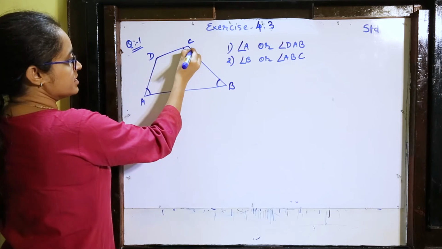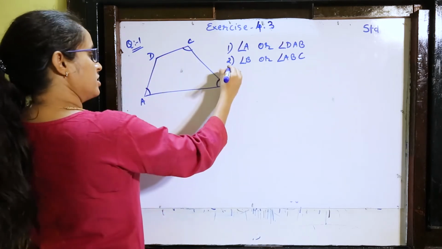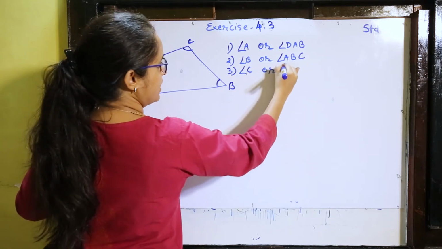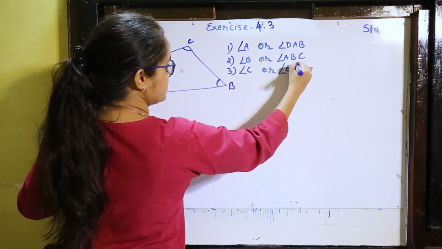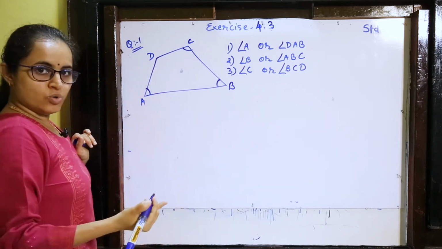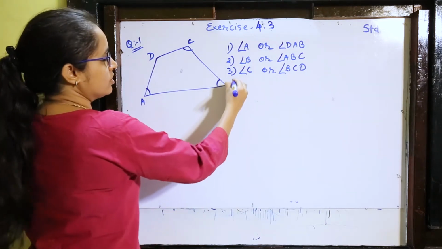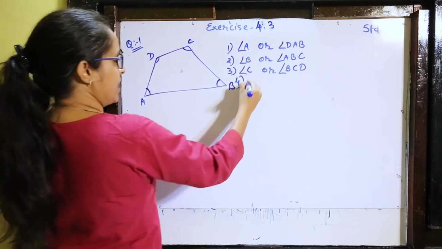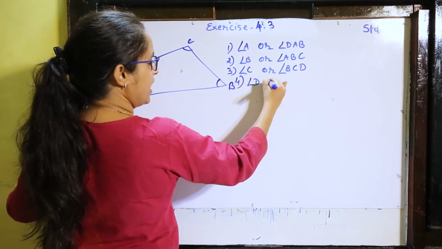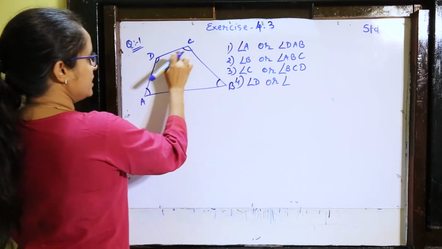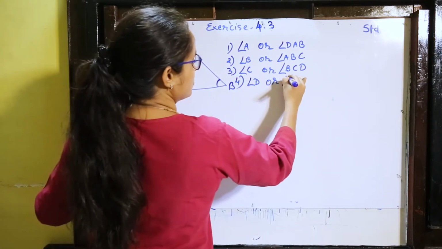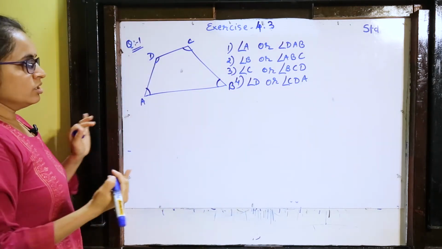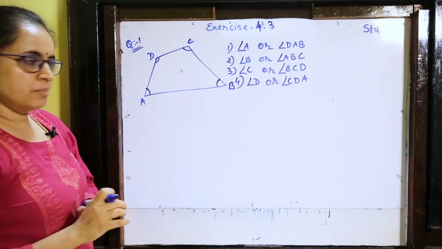Then I have this angle C, so it is the third angle, angle C, or you can write angle BCD. And the fourth angle is angle D, or I can write angle CDA. So this is question number 1.